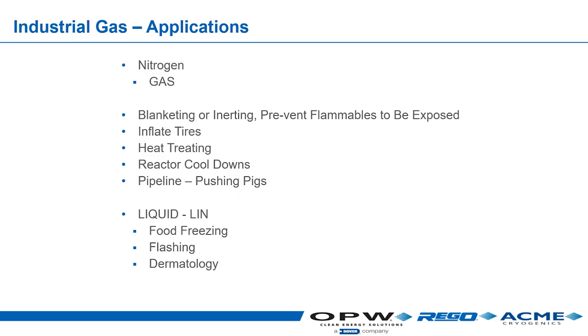Liquid applications: food freezing, flashing, dermatology. So food freezing, your McDonald's hamburgers, Burger King patties. They just take straight liquid with vacuum jacketed piping. Vacuum jacketed piping is just a cryogenic container to keep the liquid in a liquid state. They dump it in a freezer, and the food is on a conveyor belt going this way, a food freezing tunnel.